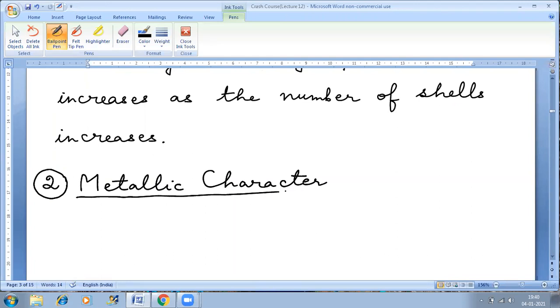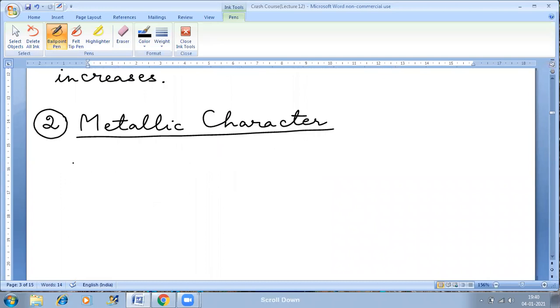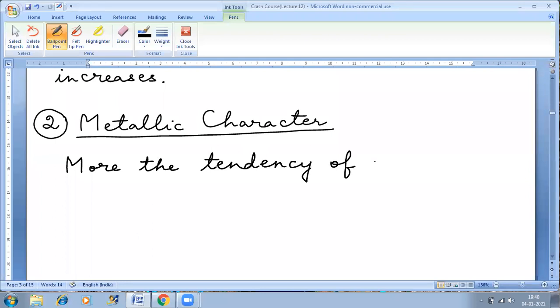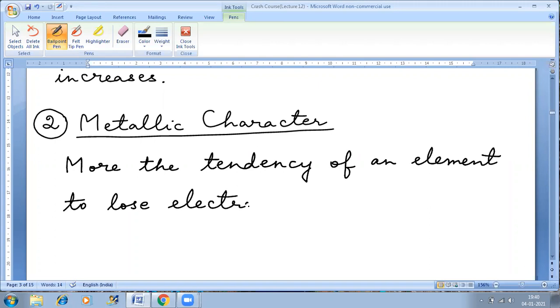So here we'll say that more the tendency of an element to lose electrons, higher is its metallic character.